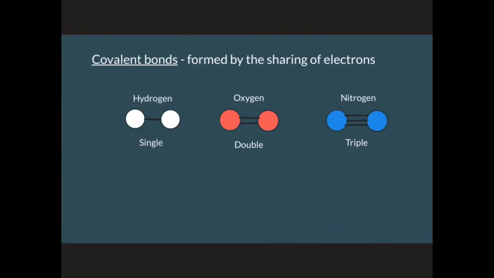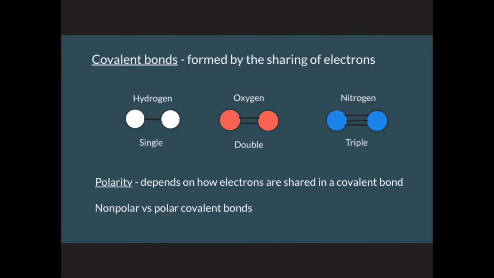Besides the difference in how many electrons are shared, covalent bonds can also differ with how the electrons are shared in a covalent bond. And this leads us to the idea of polarity. So covalent bonds can either be nonpolar or polar. Now, whether a covalent bond is polar or nonpolar is going to depend on the electronegativity of the atoms within the bond.